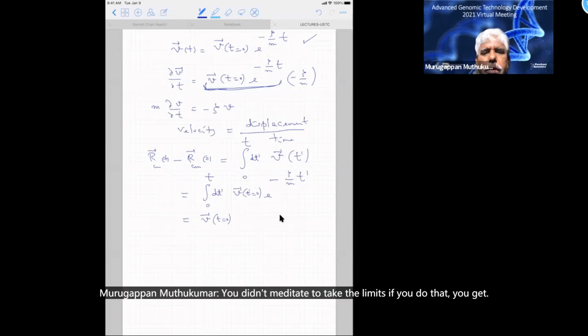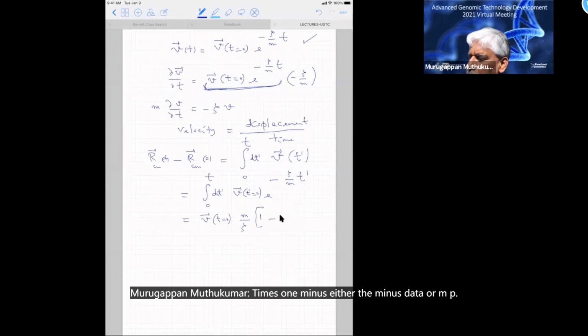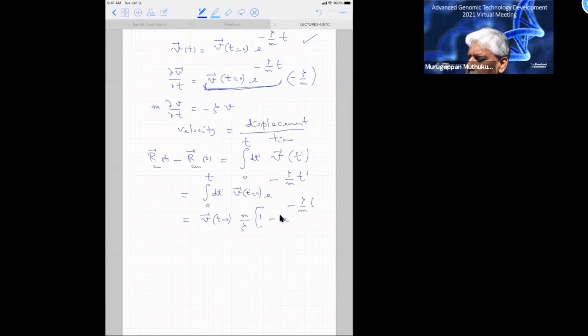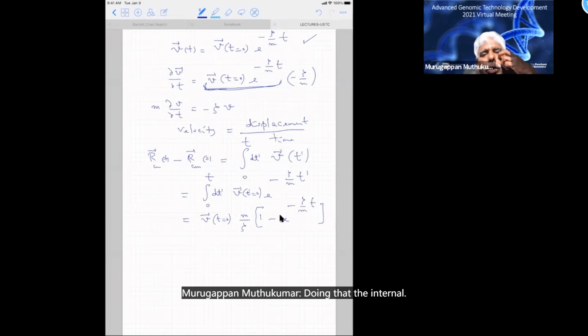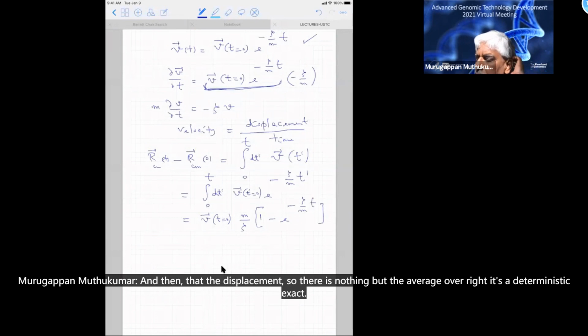Take the limits. If you do that, you get m over zeta times 1 minus e to the minus zeta over m t. Doing that integral, that's the displacement.